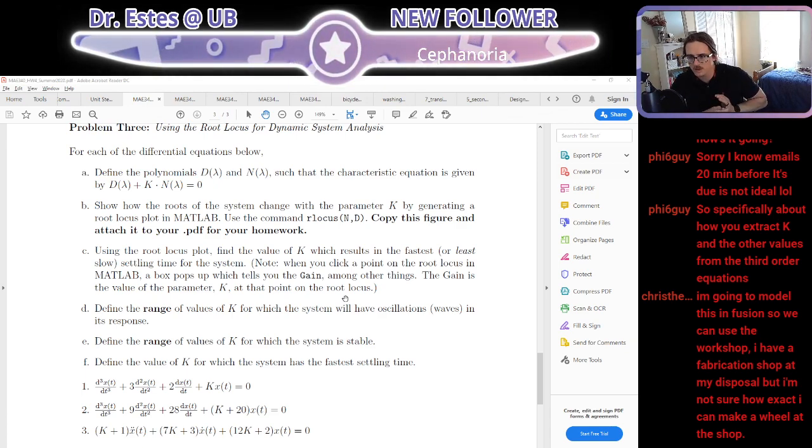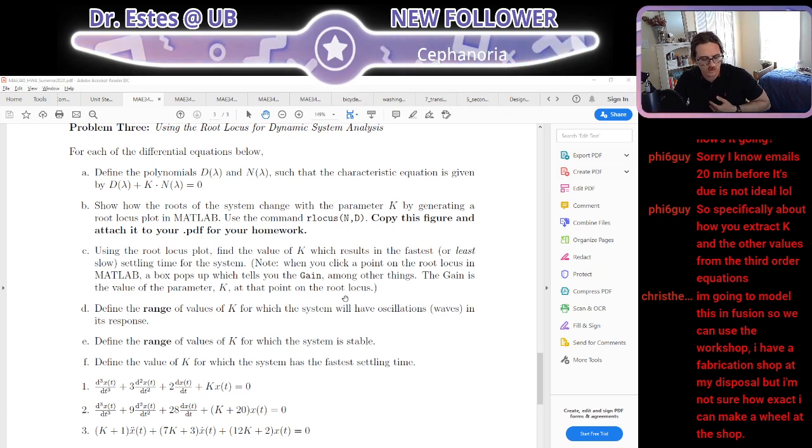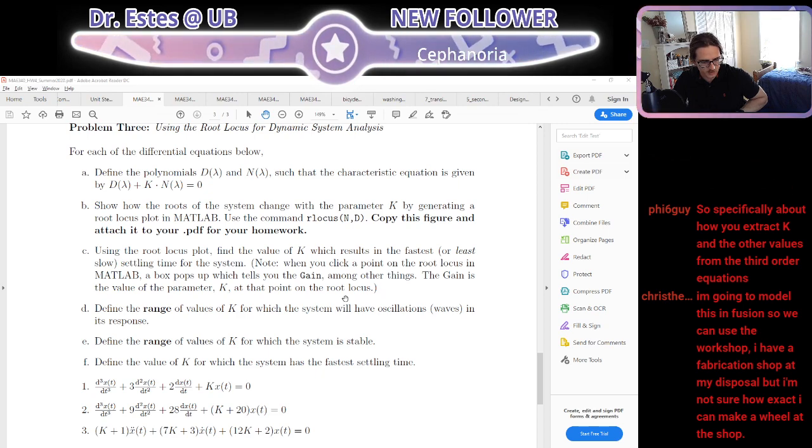Chris says, I'm going to model this in Fusion so we can use the workshop. I have a fabrication shop at my disposal, but I'm not sure how exact I can make a wheel at the shop. Ooh. Well, it doesn't have to be perfect.